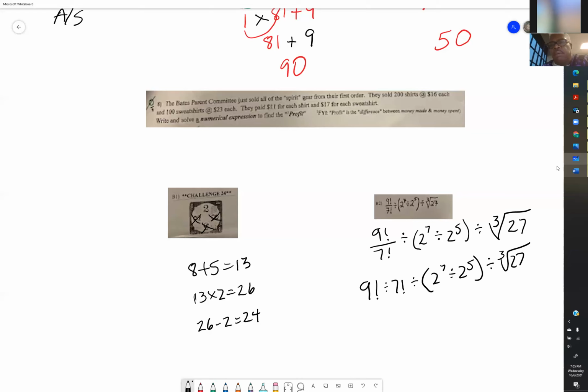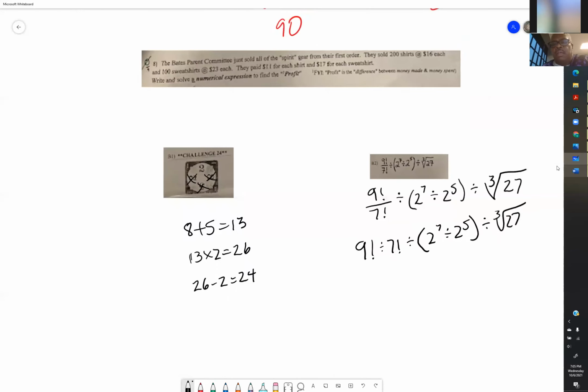I don't think that was meant. I think the question was meant, do you understand what factorial is? We do know 9 factorial divided by 7 factorial, we should get 9 times 8. Now this is still divided by 2 to the 7th power, divided by, oh, I did that wrong.